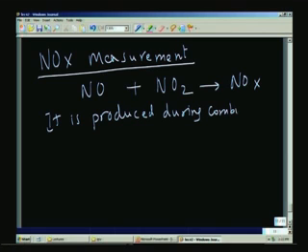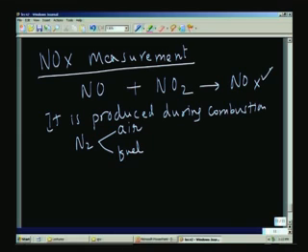Because nitrogen oxides are formed, nitrogen either comes from the air or it may come sometimes from the fuel also. Fuel might have some nitrogen in it. So, we are not really bothered about where the nitrogen comes from. What we are interested in is measuring the NOx.